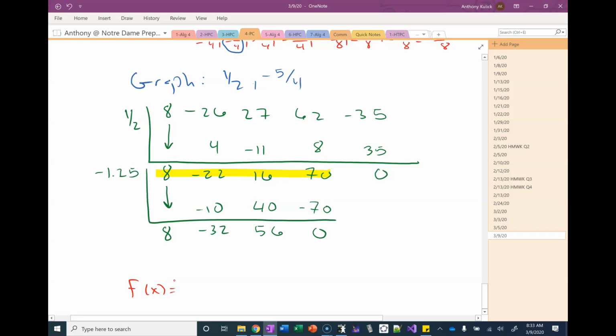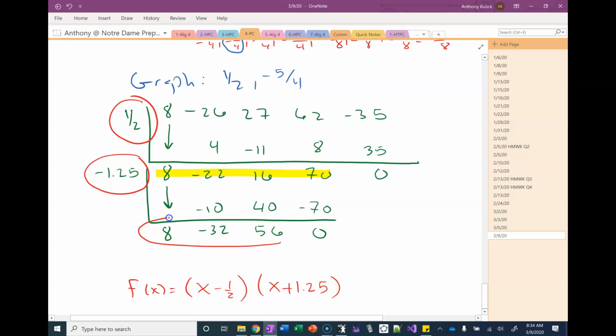So what are my factors now? One factor comes from the 1/2. What factor does that give me? Did you say x minus 1/2? Another factor comes from the -1.25. Good.